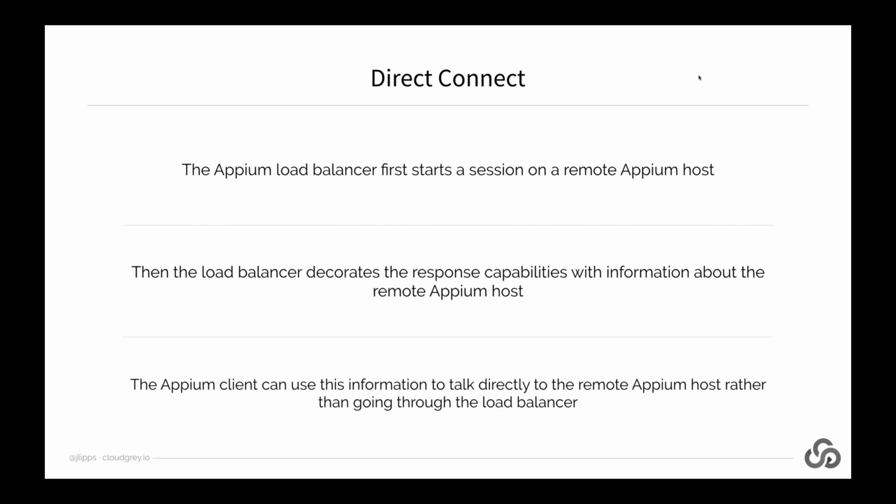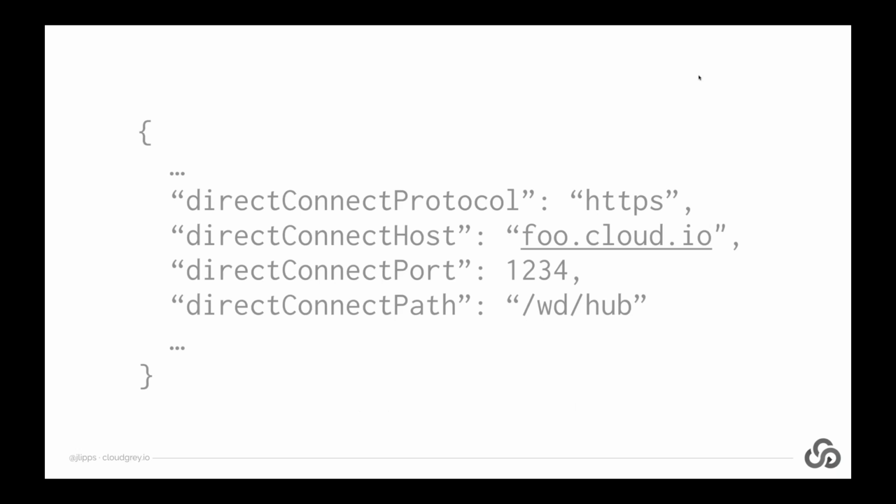So the way that the load balancer decorates the response is by adding specifically these keys to the response object. They all start with directConnect. And obviously we have to specify these 4 pieces of information: the protocol that should be used, the host, the port, and the path that should be prefixed to any of the API calls.